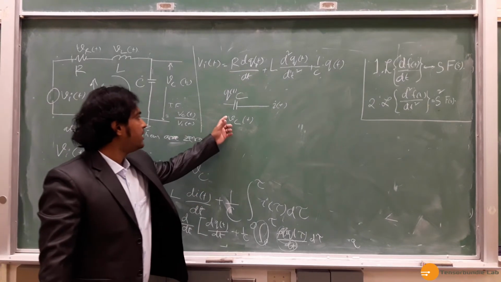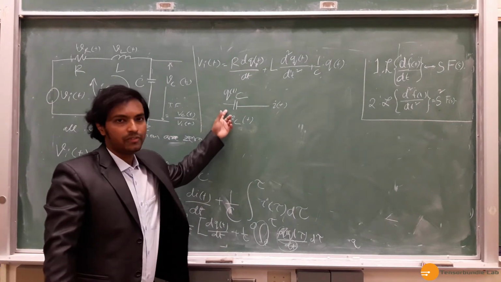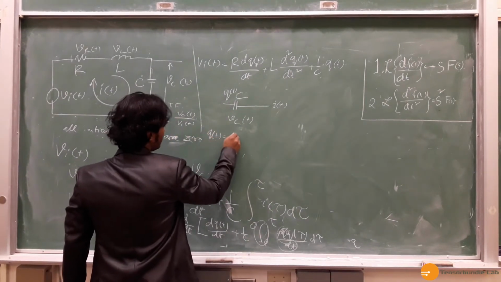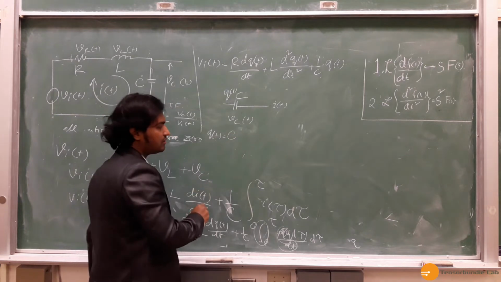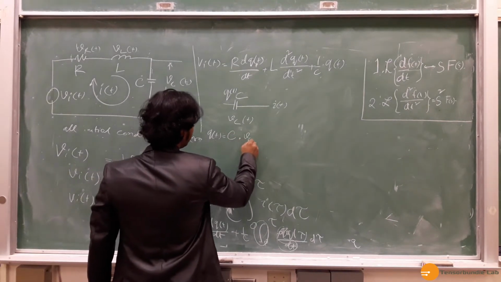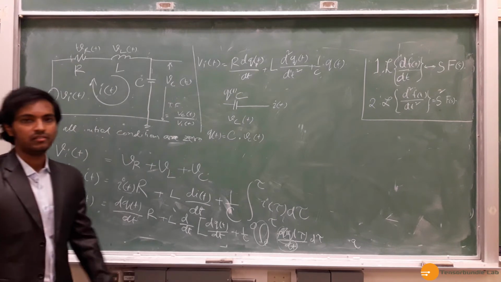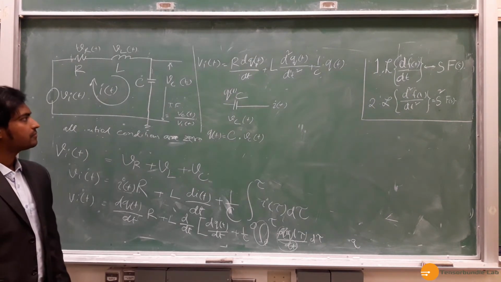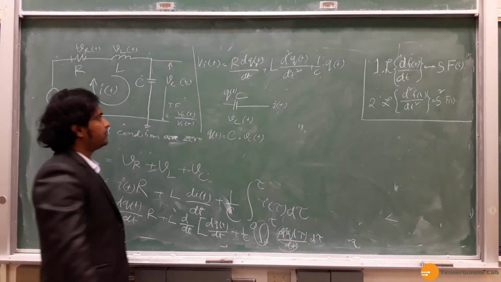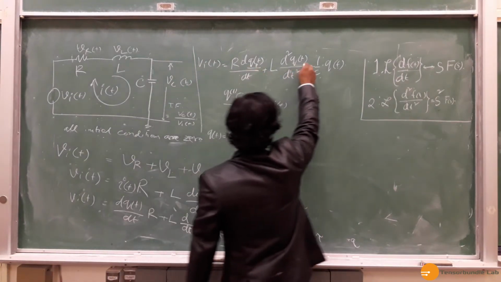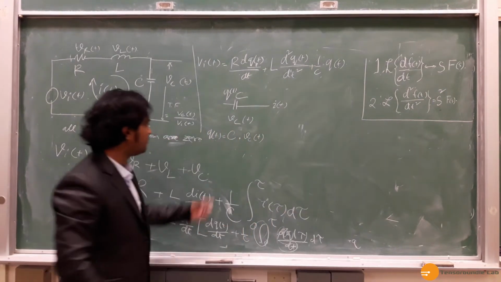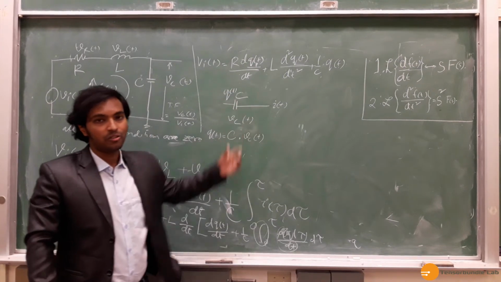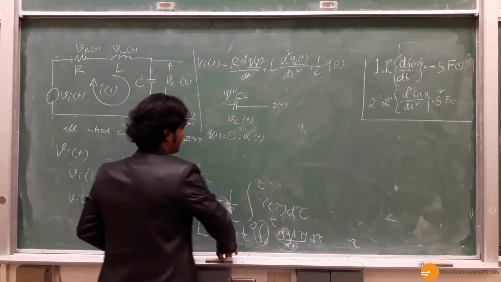Now the fundamental relationship between the charge and voltage of this capacitor is Q of t equals C, the capacitance, multiplied by the voltage across the capacitance, V of c of t. We have Q in this equation, so we can simply plug in the value of Q and reformulate this equation in terms of the voltage across the capacitor.